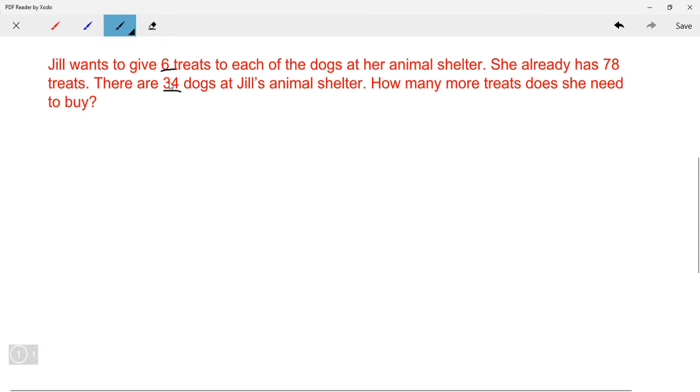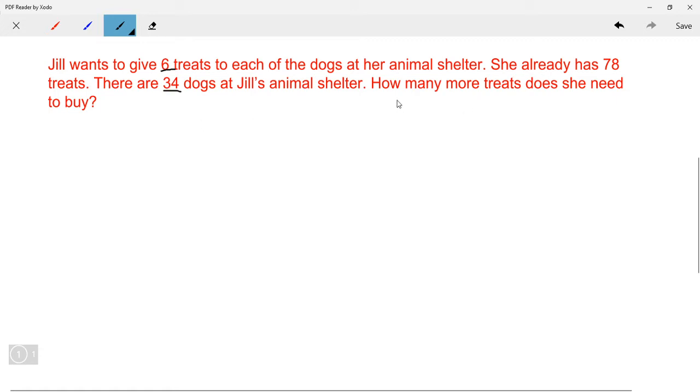So that means that the amount of treats she needs, if there are 34 dogs, you can picture 34 dogs, and then if I were to put a pile of 6 treats in front of each dog, then to figure out how many treats you would need, we would have to multiply 34 times 6, because there would be 34 groups of 6 treats, one group for each dog, right? So 6 treats for each dog, so it would be 34 times 6.